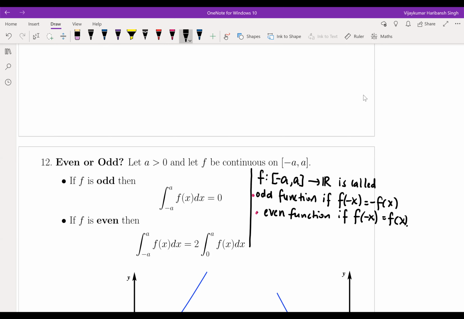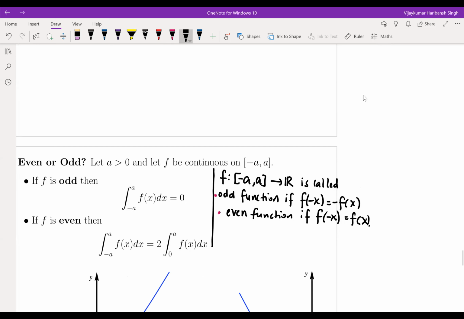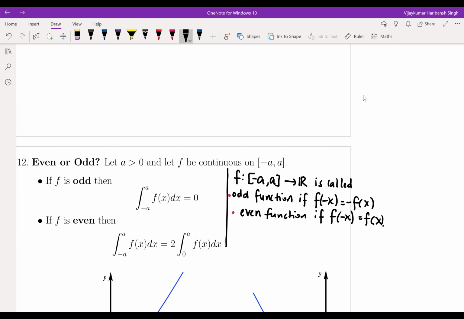Now note that odd functions are a generalization of odd powers, right? Because you know that f of x equals x cubed is an odd function, and f of x equals x squared is an even function.